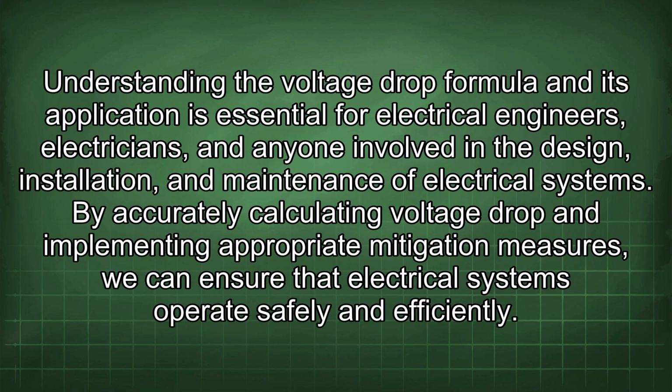systems. Understanding the voltage drop formula and its application is essential for electrical engineers, electricians, and anyone involved in the design, installation, and maintenance of electrical systems. By accurately calculating voltage drop and implementing appropriate mitigation measures, we can ensure that electrical systems operate safely and efficiently.